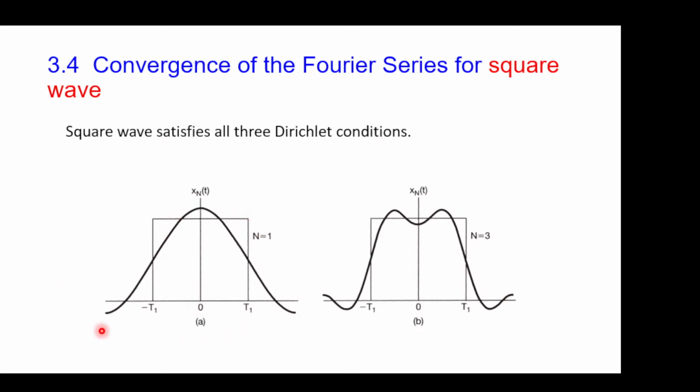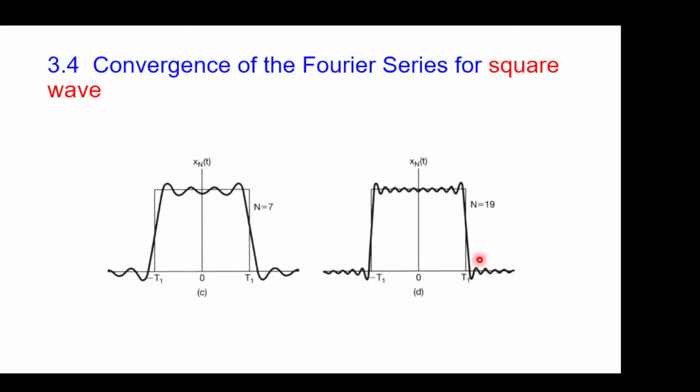So it should have pretty good convergence. Let's see how the convergence goes. We try to add up our Fourier series to become our square wave. Here n equals 1. Plotting our xn, this is k from -1 to +1, and then k from -3 to +3. Then we have n equal to 7 and n equal to 19.